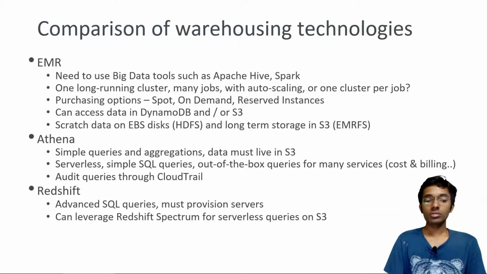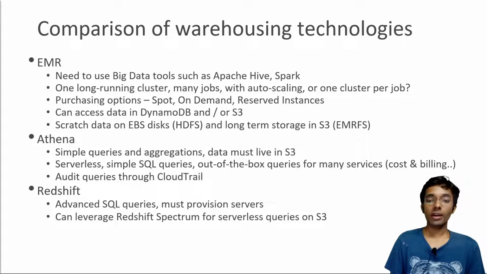Okay, now if we have to compare the warehousing technologies, I think it's pretty clear, but one last time it doesn't hurt. So EMR is what we use when we need big data tools such as Apache Hive or Spark or other things, and migrate that to AWS.